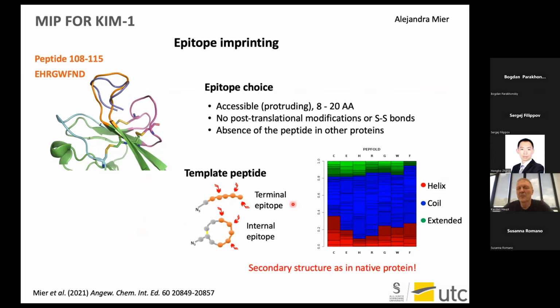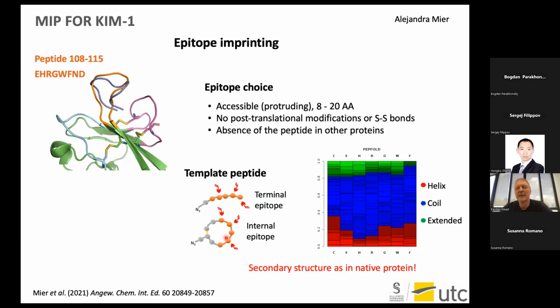Now, if the epitope that we chose is a terminal peptide, we can just use the linear peptide for molecular imprinting. But as is the case here, if we have an inner sequence, just in the middle of the polypeptide chain of the protein, then of course we have a problem because we need to display the right epitope in the right orientation in order to do molecular imprinting.